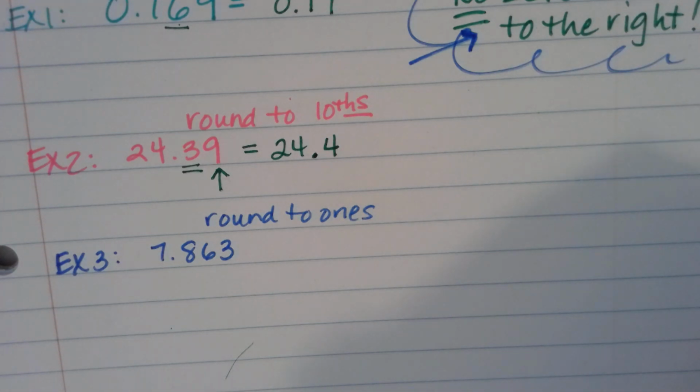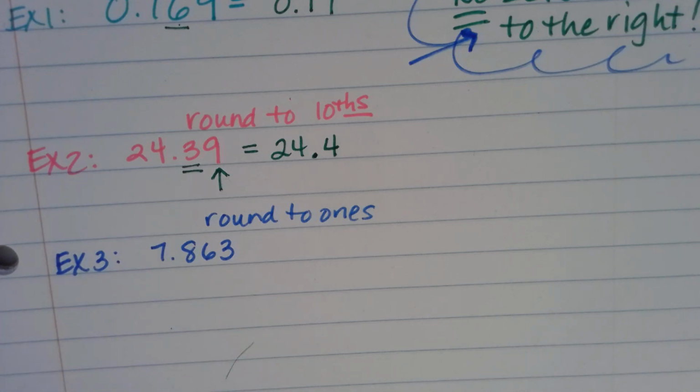So example: 7.863, or 7 and, how do I say the rest of this number? Anybody? Dawson? 863 thousandths. Good. 7 and, don't forget that decimal, 7 and 863 thousandths.